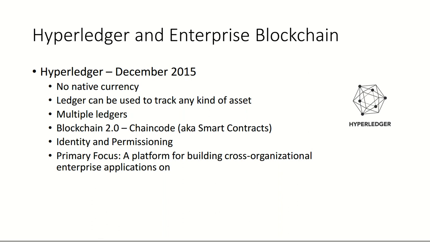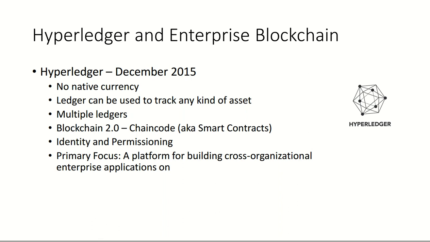And we see some pretty significant differences here. First of all, there's no native currency. There's no Hyperledger coin. No one talks about going to an exchange and cashing out their Hyperledger, or what the price of Hyperledger has done over the last week. Just like Ethereum, we have a ledger that can be used to track and manage anything that we care about.